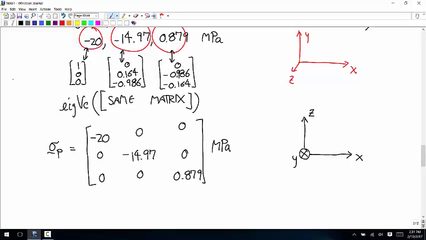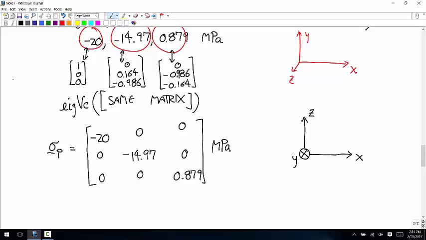Then your x-axis would be this, your y-axis would be negative this, your z-axis would be negative this, and your elements would be negative 20, 0.879, negative 14.97.